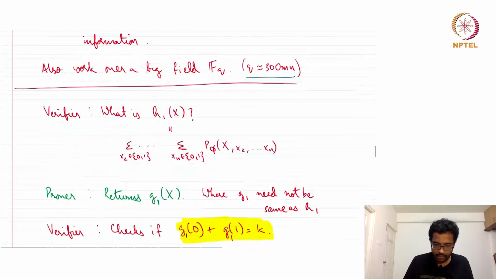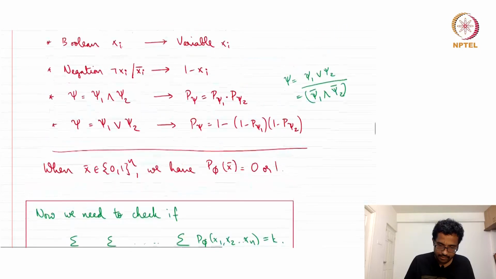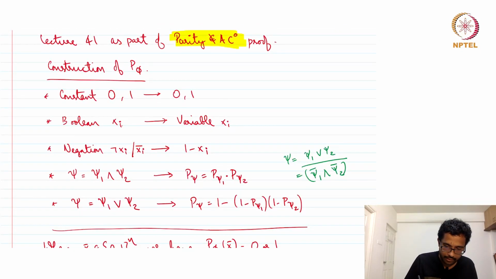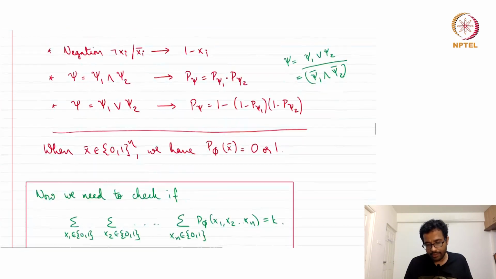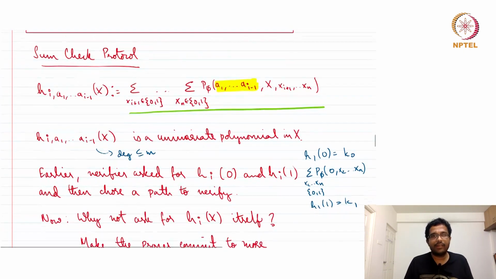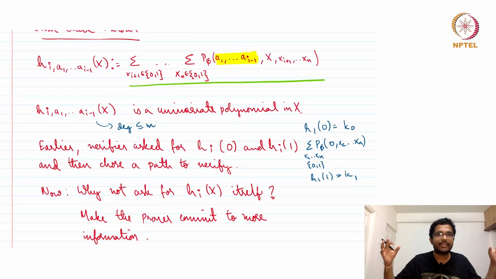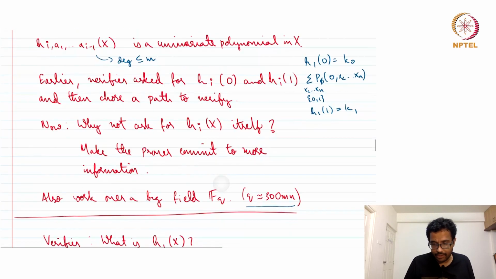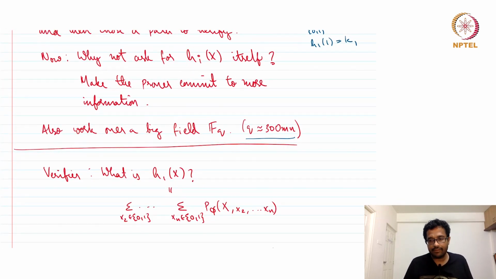So in addition to having how to deal with negation, and, or, etc., we also have to deal with exists and for all. We can do something like and, or. So exists can be thought of as or, and the universal quantifier can be thought of as and. But what it does is, this results in a polynomial of huge degree, and this huge degree is not something that we can work with.